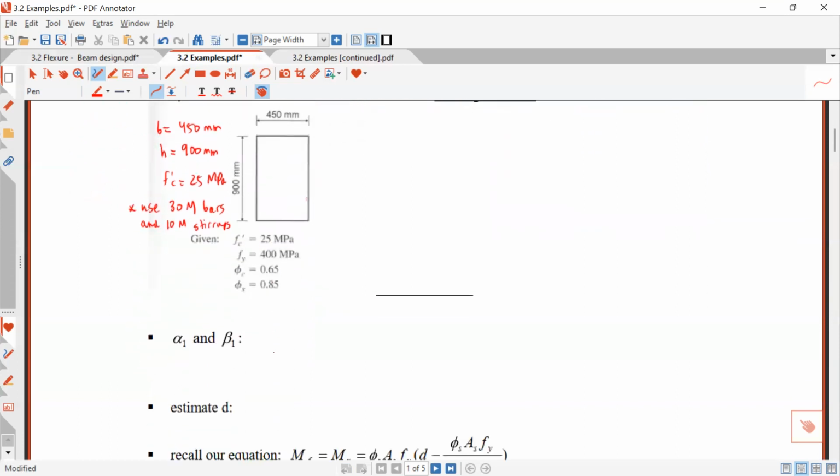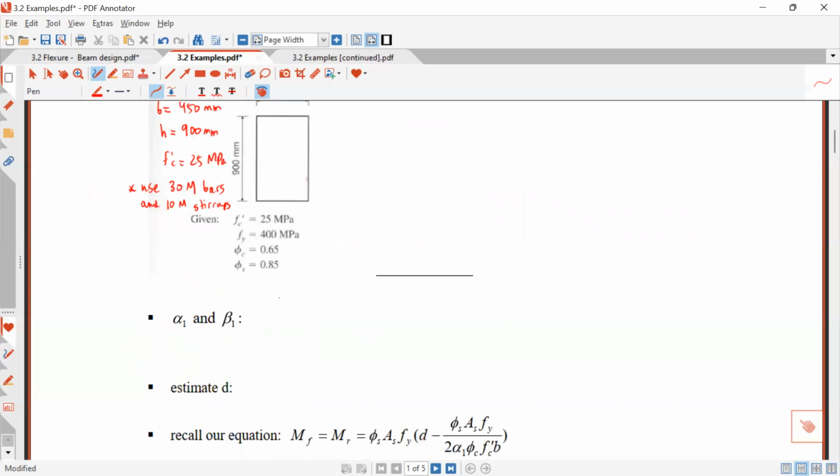Okay, first thing we're going to do is calculate alpha 1 and beta 1. Let's calculate the actual alpha 1 and beta 1, because I mentioned this a few times now, but you're going to see I'm going to use the approximate values. So alpha 1, the actual one, is 0.85 minus 0.0015 times 25 MPa. It gives me 0.8125. Beta 1 is 0.97 minus 0.0025 times 25.